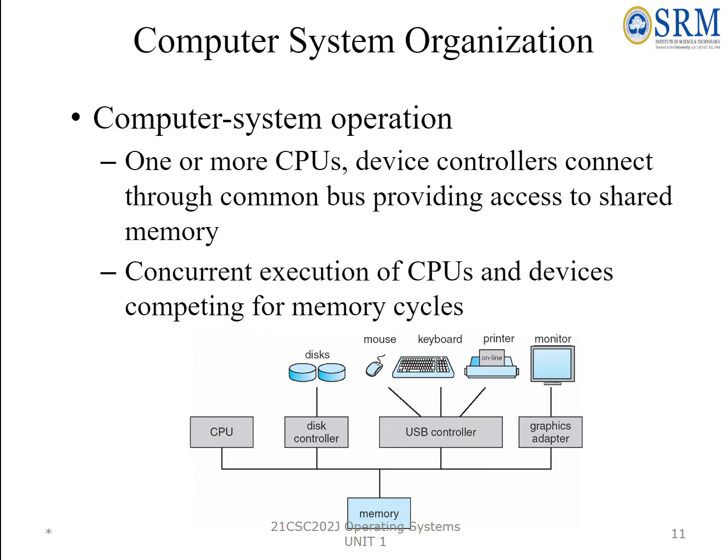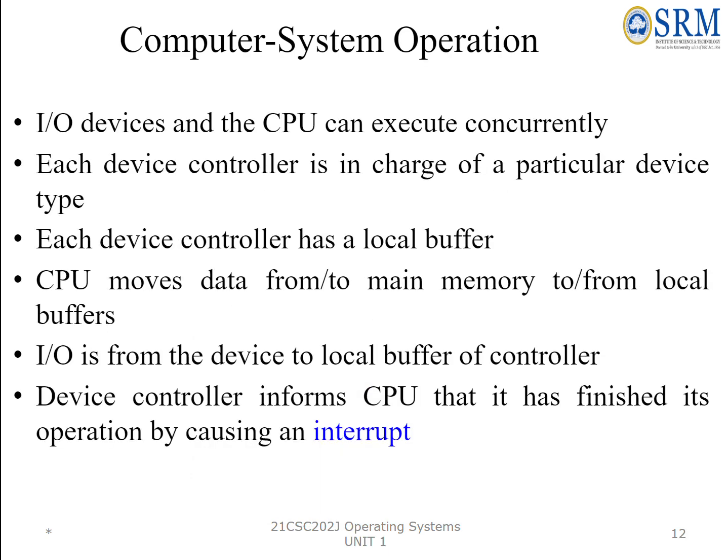Everything is commonly connected to the memory. Here we gave the explanation for each. Input output devices can execute concurrently, and each device controller has a local buffer. The CPU moves the data from main memory to the local buffer, and from the local buffer to the IO devices.